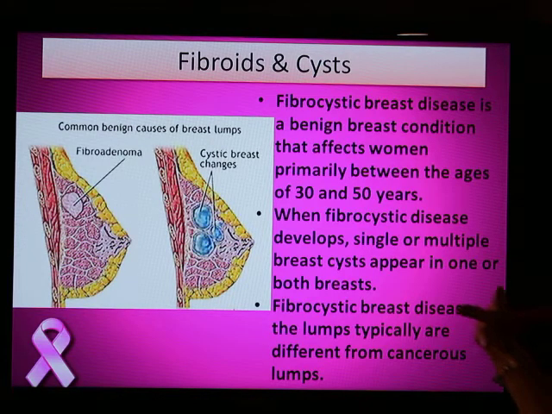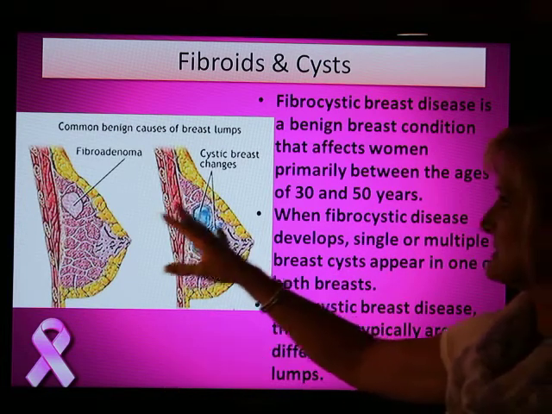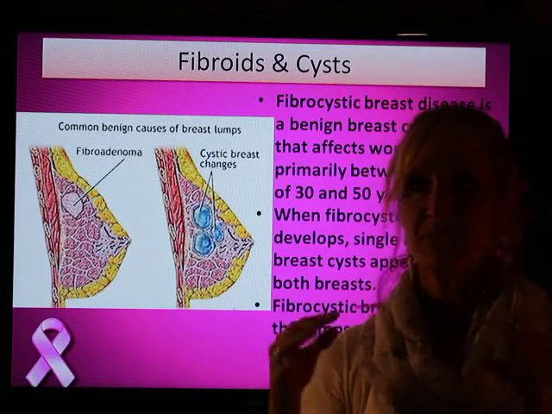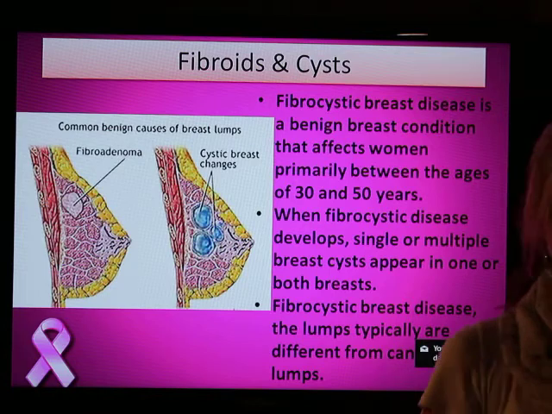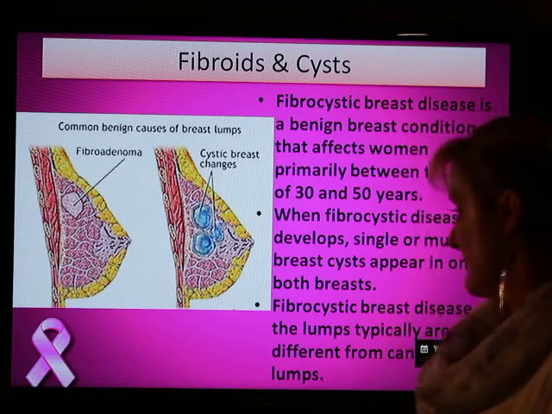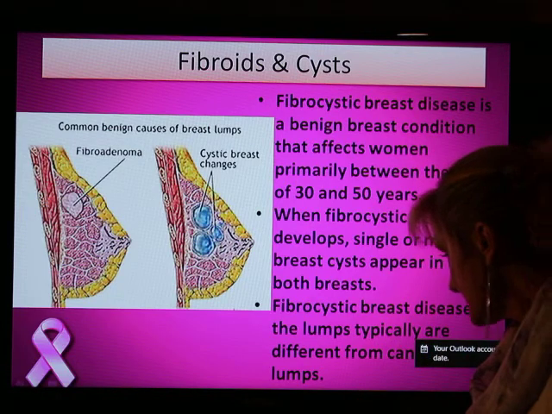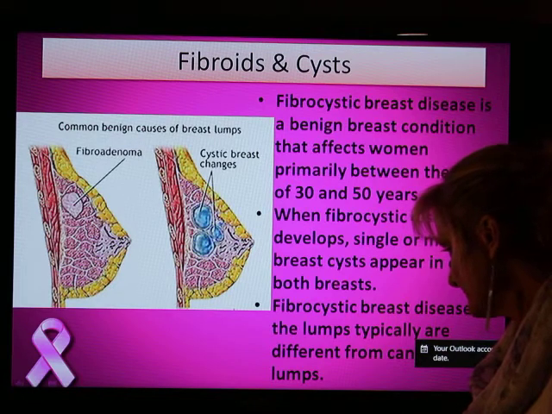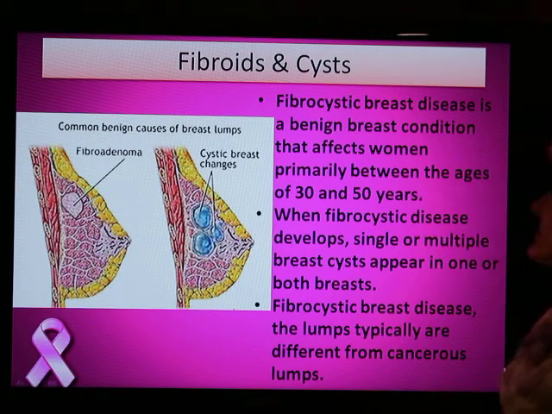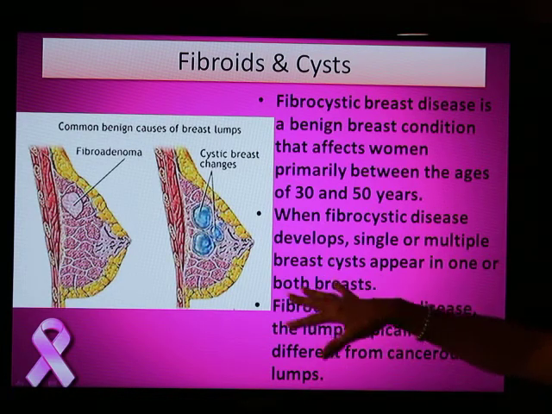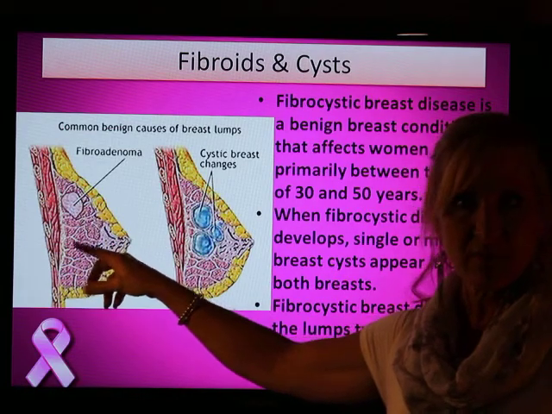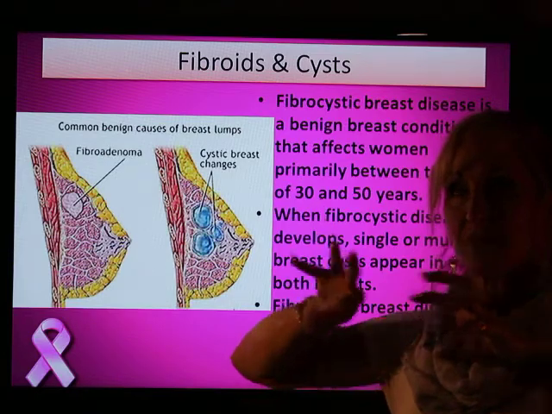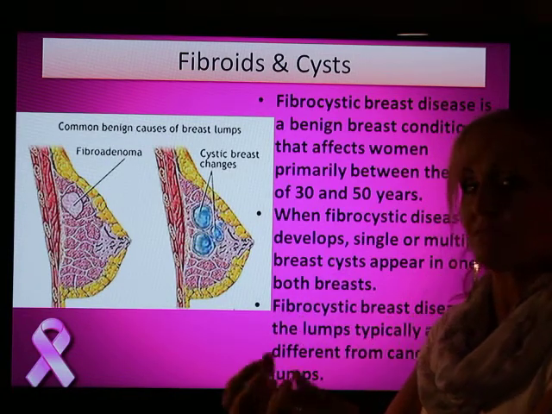So before we get into the actual malignancies, there are a couple of things. Women can have fibroid tumors in their breast or cysts in their breast. Fibrotic breast disease is benign, and remember how I showed you fibroids in the uterus with the female reproductive system?